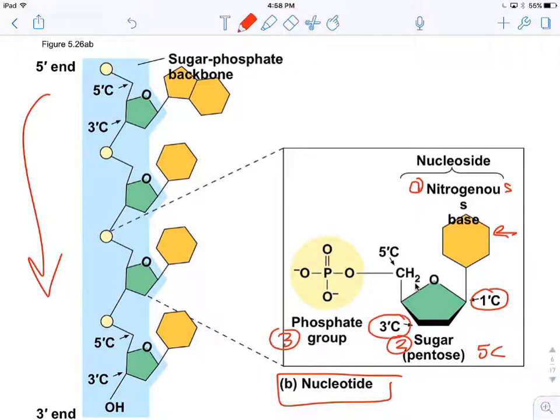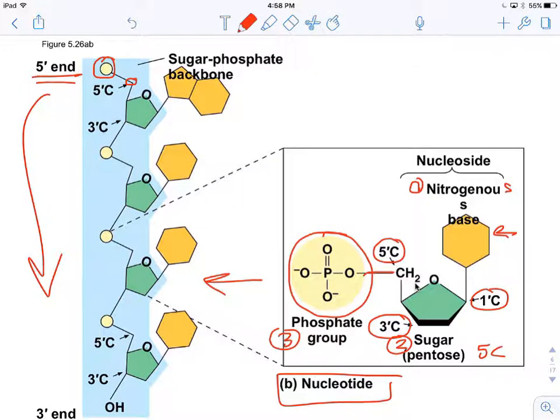The number 3 carbon and the 5 carbon are also going to play a pretty essential role in DNA and in the formation of this polymer off to the right. This phosphate group is attached, as you can see, to the 5 carbon, so it's called a 5' phosphate. Because it's attached to the 5' carbon, this is the 5' end of my molecule.